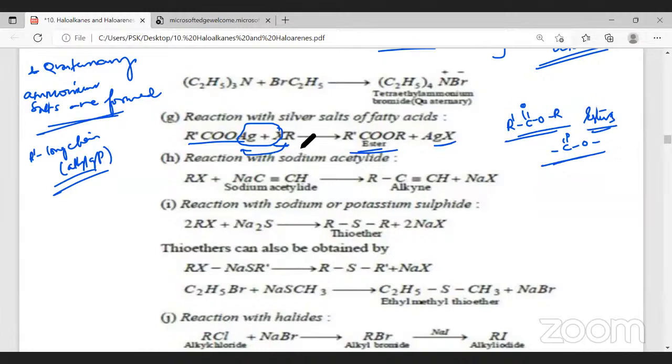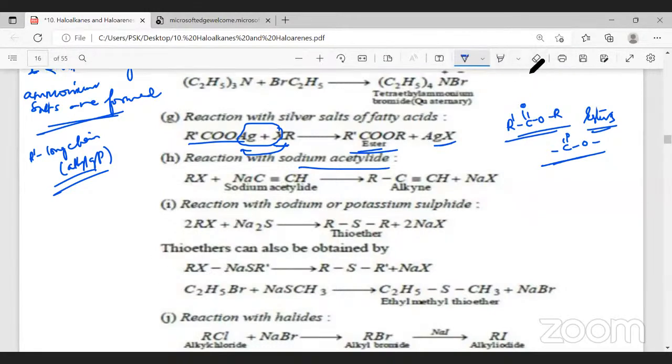So, reaction with silver salt of fatty acids: the silver salt of carboxylic acids or fatty acids, when allowed to react with an alkyl halide, gives an ester. Followed? The next reaction is the reaction with sodium acetylide. Now, what you should remember is that this is an alkyne.